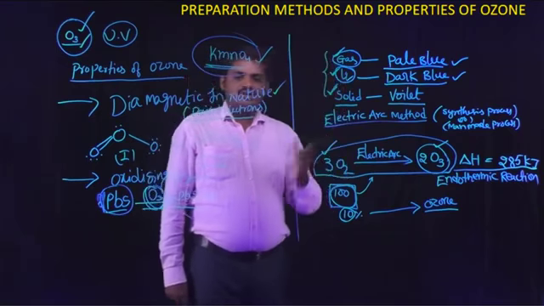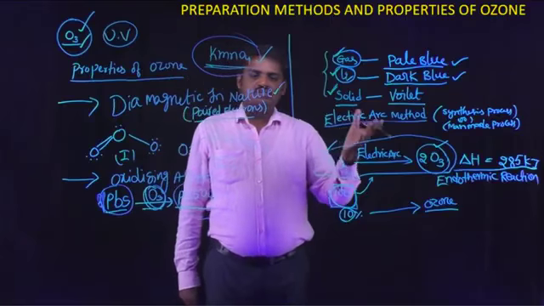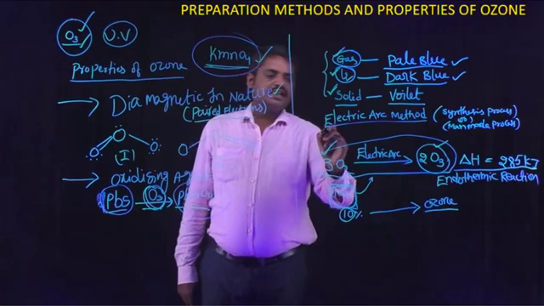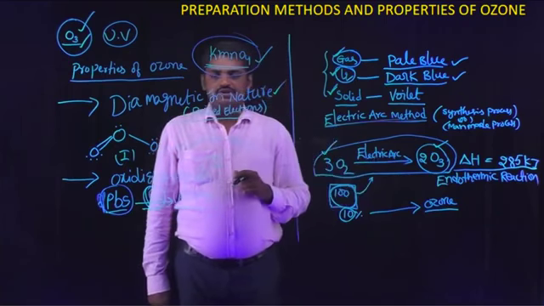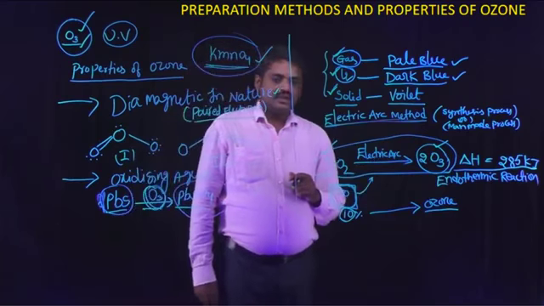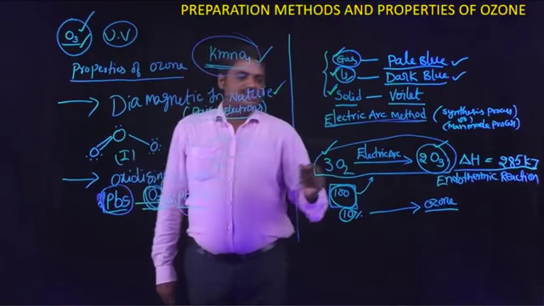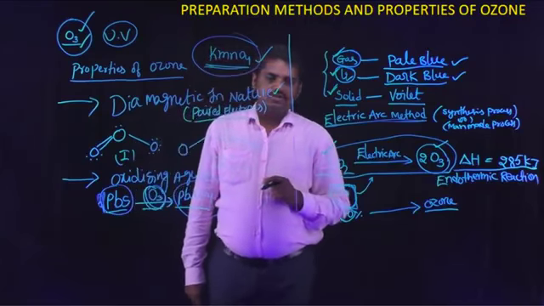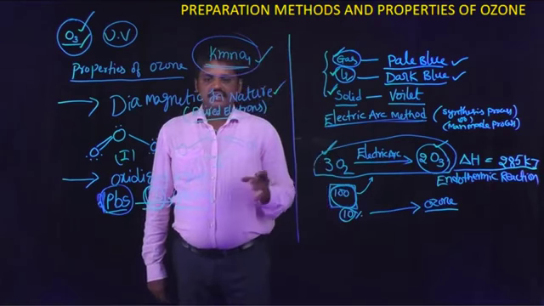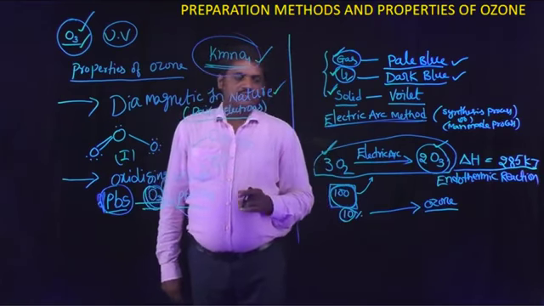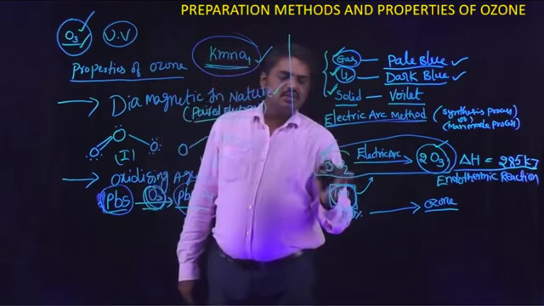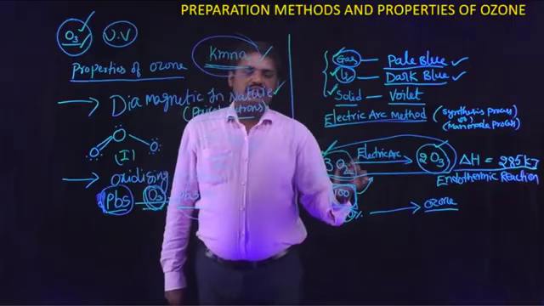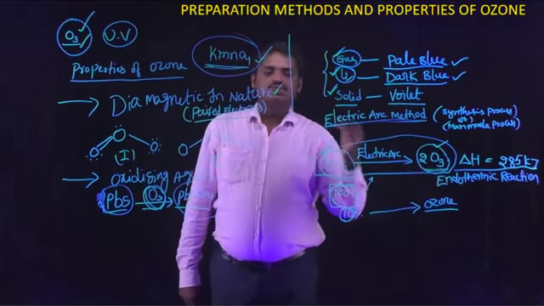And the next one, the artificial preparation method for the ozone molecule. The best method is the electric arc method. First, take dioxygen gaseous molecules in a container. These dioxygen molecules react with an electric arc and are converted to ozone molecules.